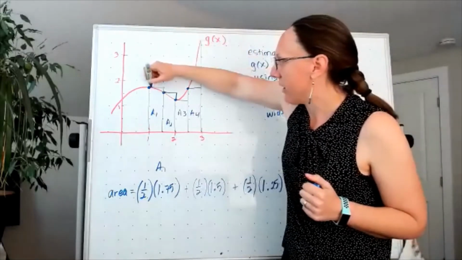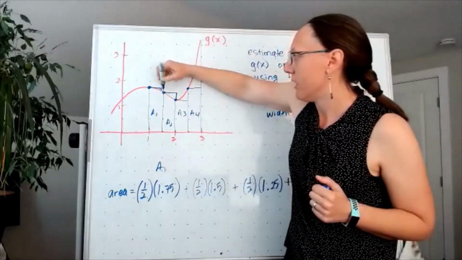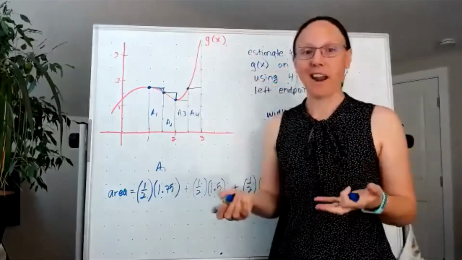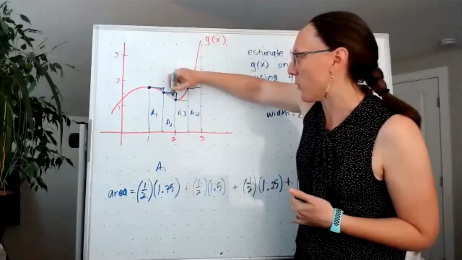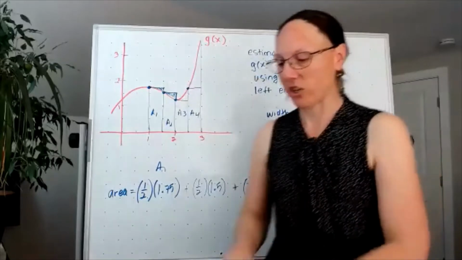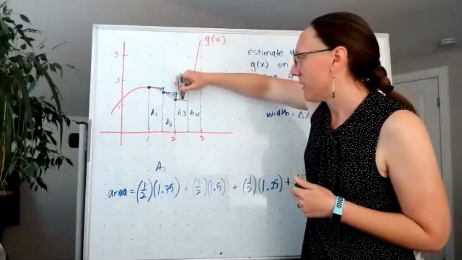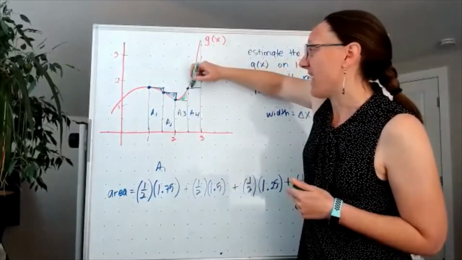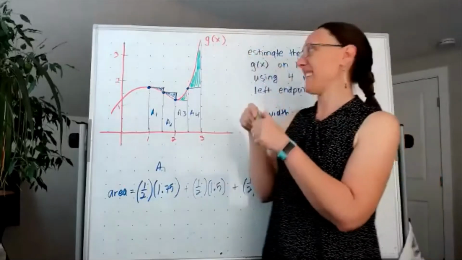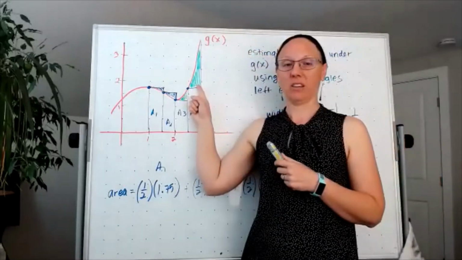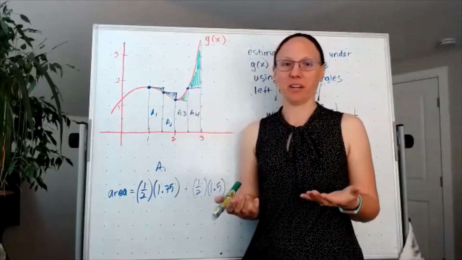so here, this first rectangle, we've added a little bit more area than we should by using that rectangle. And here we've also added a little more area than we should. But if we look at these two, this last rectangle in particular is way undercounting, right? That's a ton of area that we haven't included.